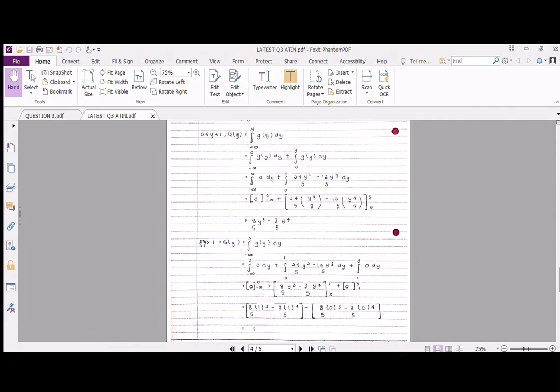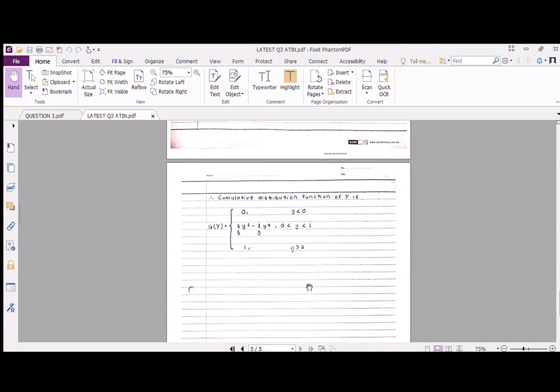For the last part, you integrate and divide into three parts: this is 0, this is our function, and this is 0. By substituting the 1 and 0, you will get 1. So our last answer is this.